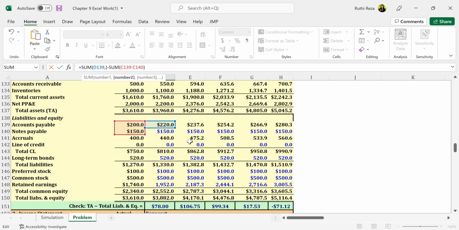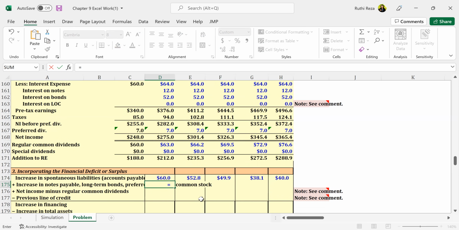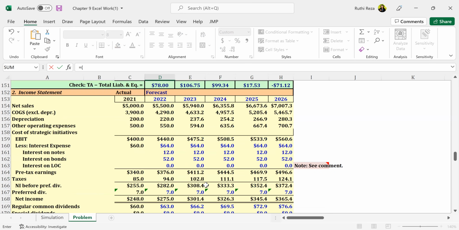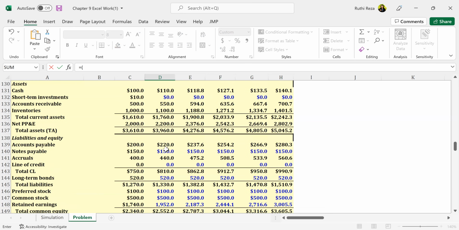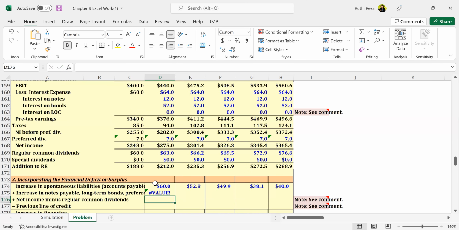This times this. So our debt and common stock and preferred stock in the current year minus the same accounts in the previous year. So this is the increase.